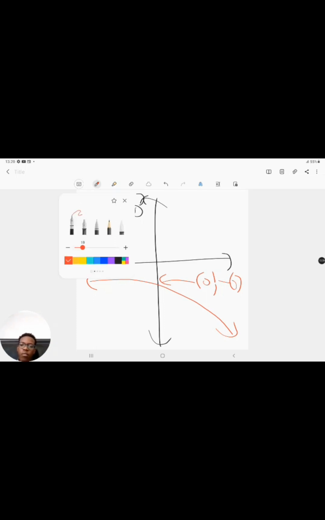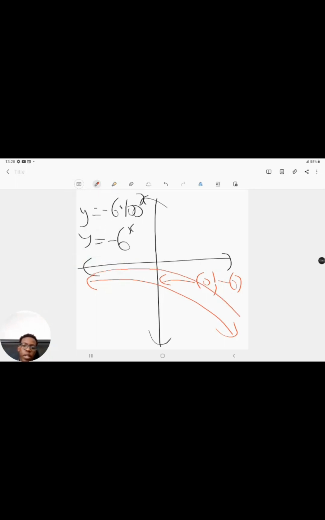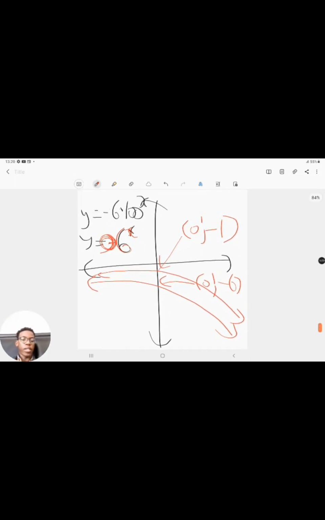If I had y is equal to minus 6 to the power of x, then your graph would look like there. It would be at the bottom there, and your y-intercept there would be 0 and -1, because you have a -1 there, and then the 6 is with the exponent of x. I hope that makes sense. I hope that's not confusing.